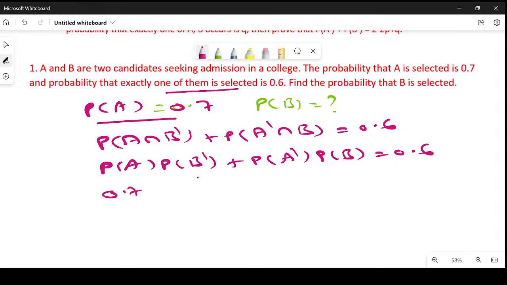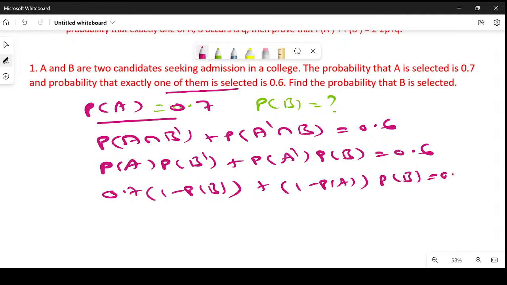P of B dash we can write as 1 minus P of B. P of A dash is 1 minus P of A. P of B is the required one.